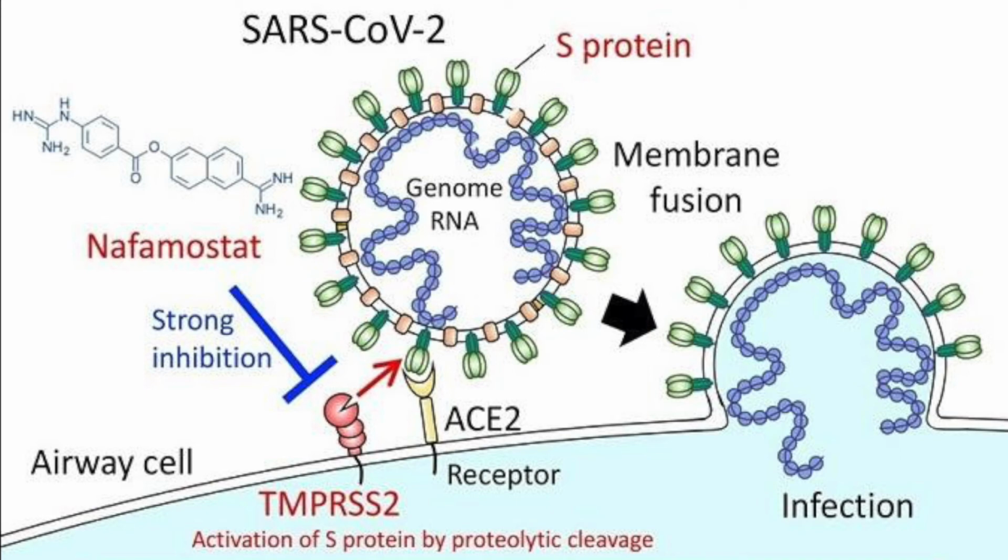The 2 HR domains form a 6 helix structure within an anti-parallel format of the fusion core. The viral membrane is pulled toward the host cell membrane and tightly binds to it, and the 2 membranes fuse. Viral RNA is replicated and structural proteins are synthesized, assembled, and packaged into the host cell, and the viral particles are then released and dispersed.